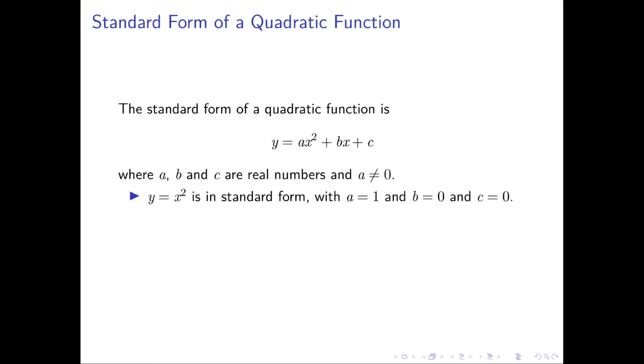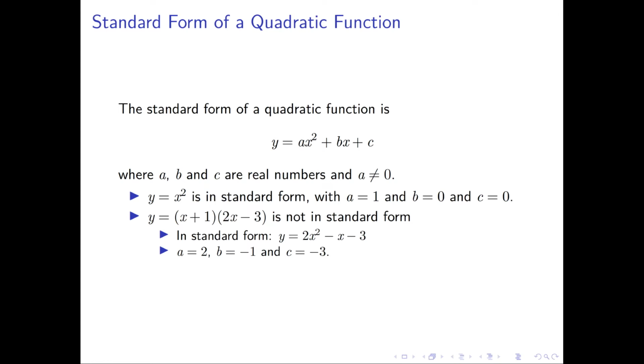The quadratic function y equals x squared is in standard form, and if you compare to the standard form listed above, a equals 1, the coefficient of x, b, equals 0, and the constant term c equals 0 as well.